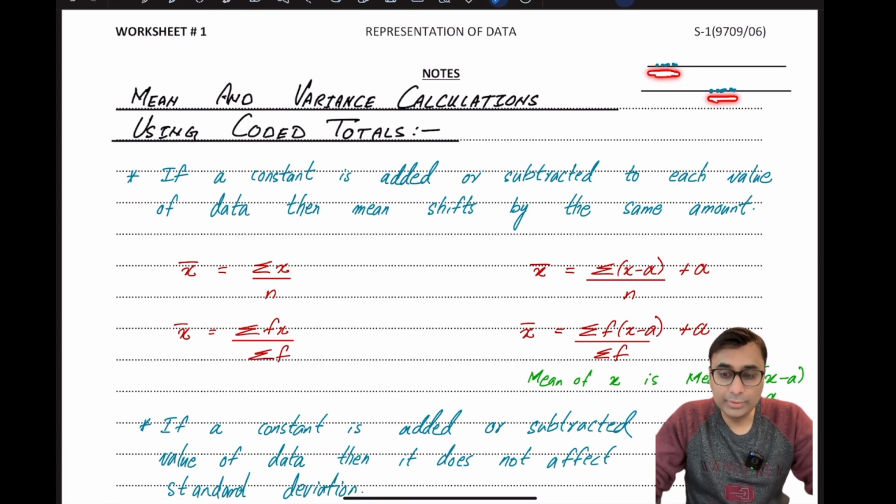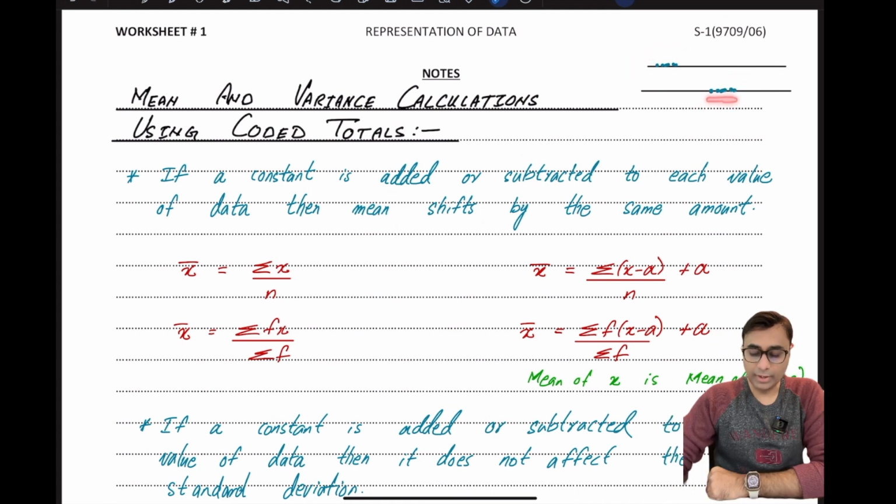Specifically talking about the standard deviation, if I could calculate the standard deviation of this data, that must be equal to the standard deviation of this data. So if I compare the scatter of this data about its own mean and the scatter of this data about its own mean, I will see that these are identical. So to calculate the standard deviation of original data, I can directly calculate the standard deviation of the coded data.